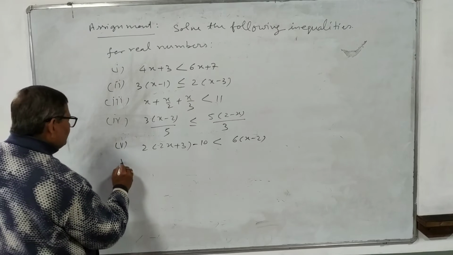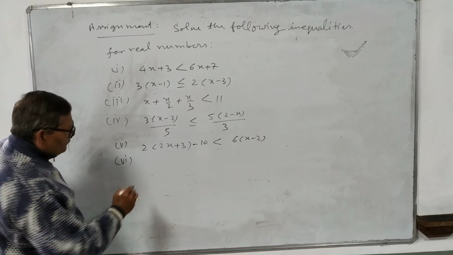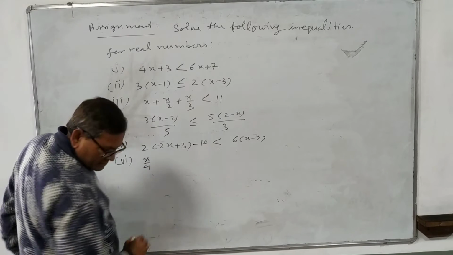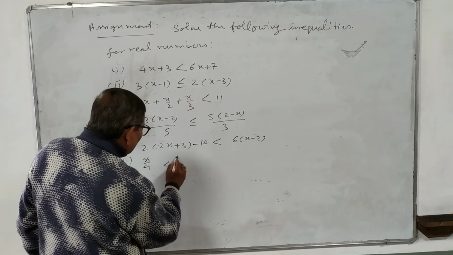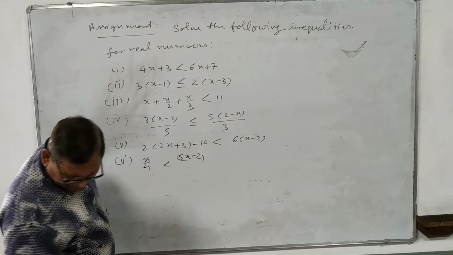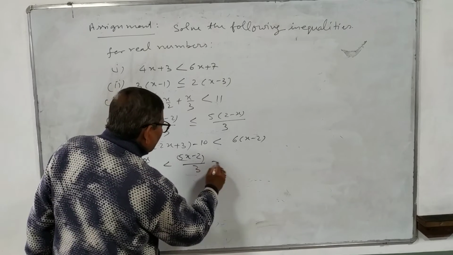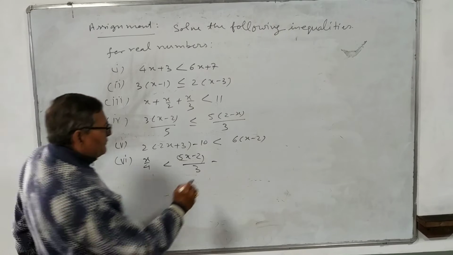Now sixth, x/4 is less than (5x - 2)/3 minus (7x - 3)/5.